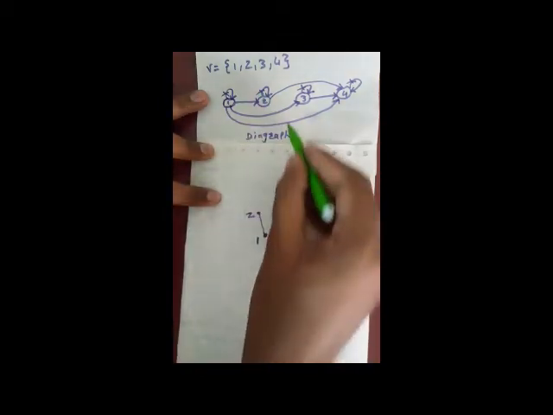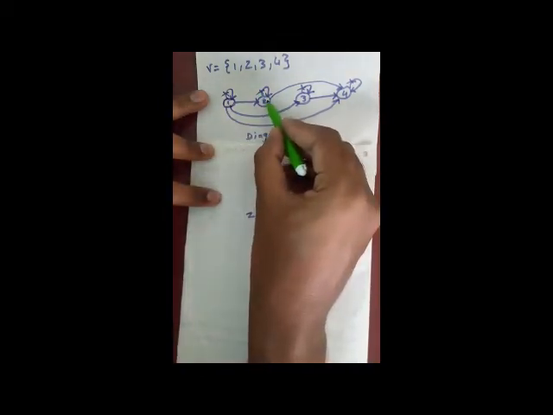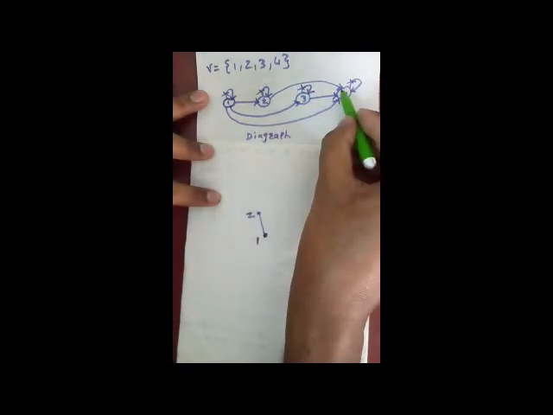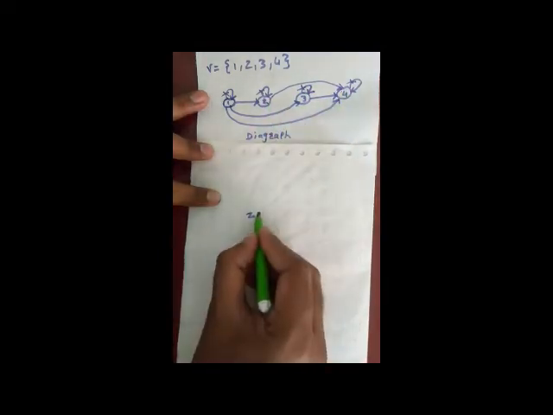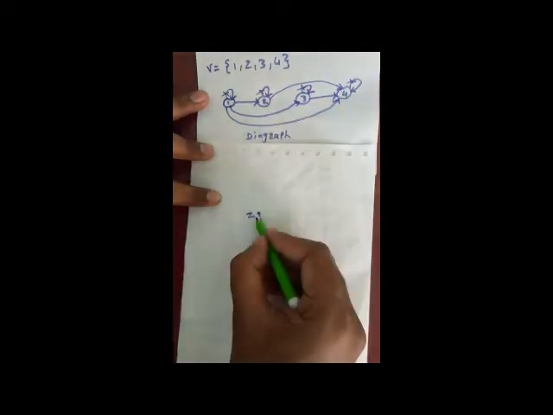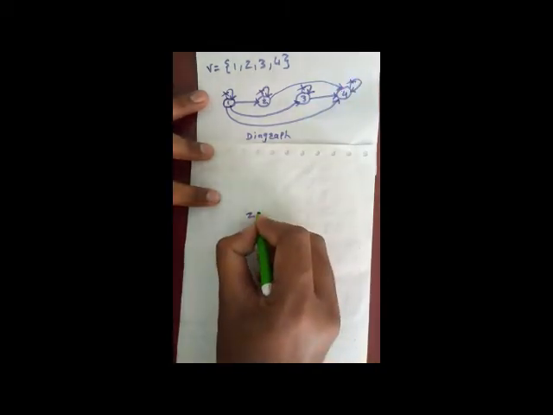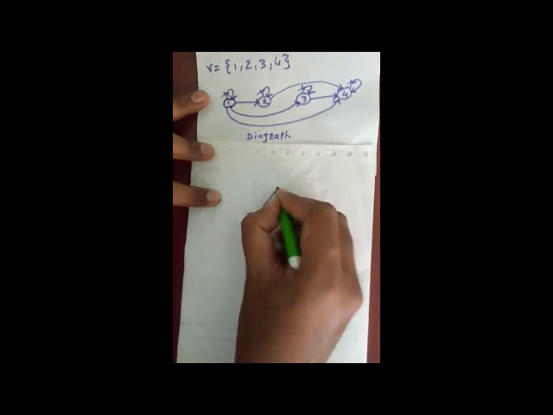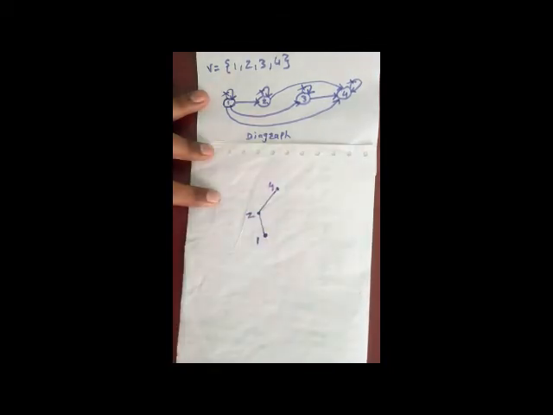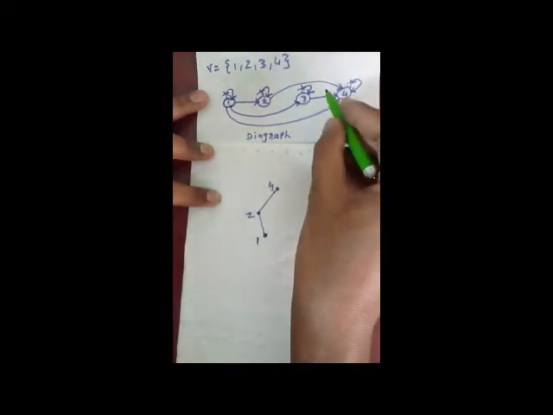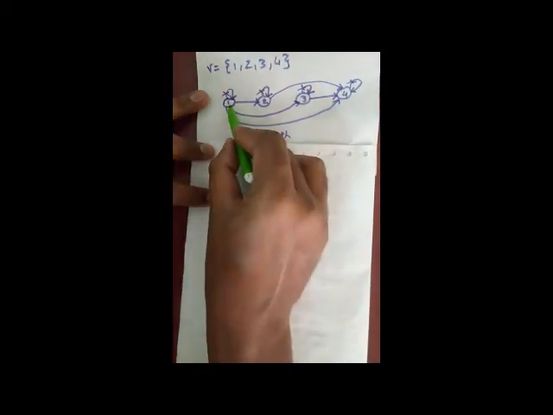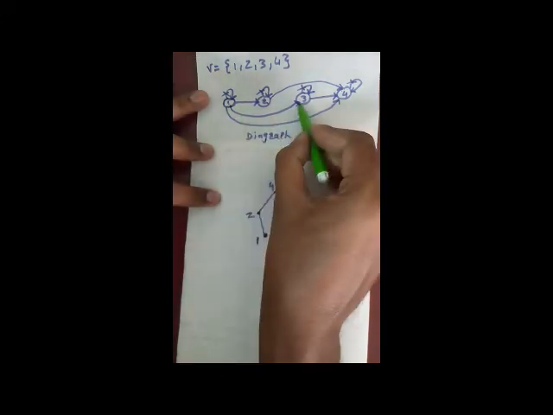Then next consider 2 4. So 2 is already here, so 2 is at the lower level and 4 should be at the upper level, so I will take it as 2 4. Now next consider 1 3.